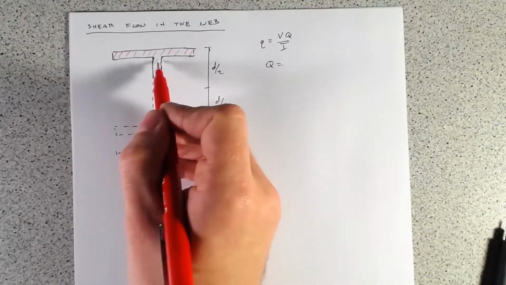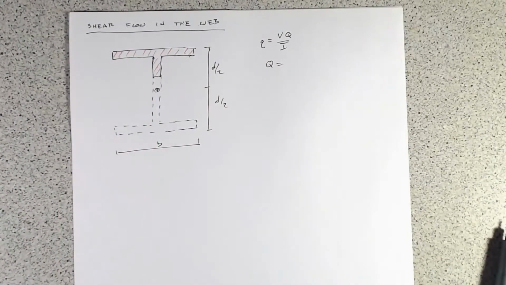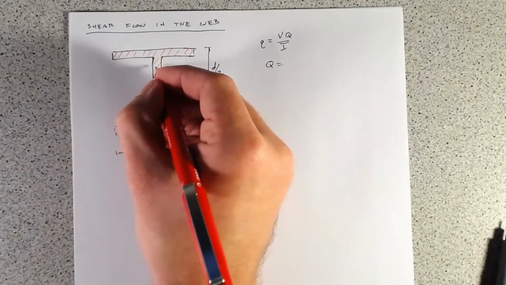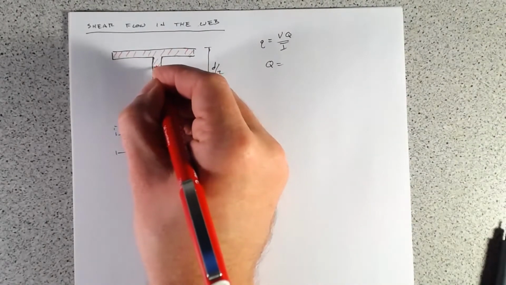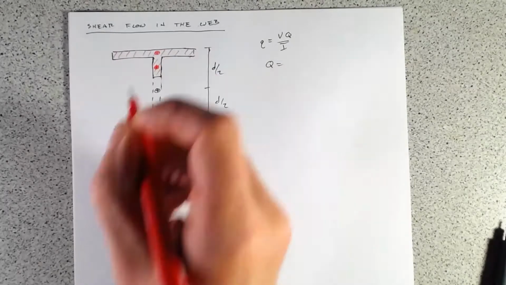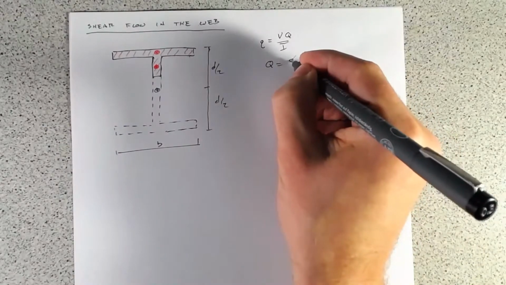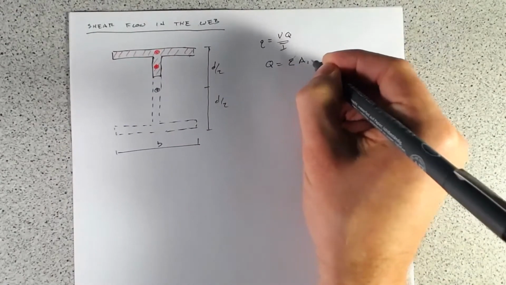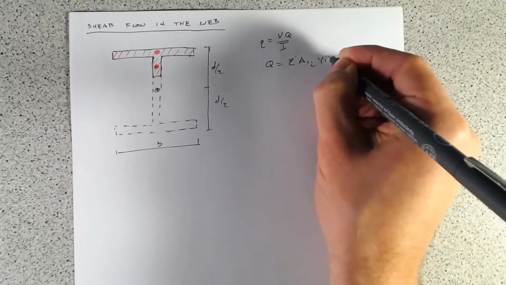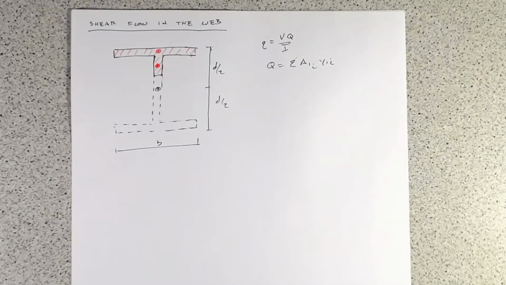So remember, it's going to be A1 times Y1. Or as sort of a shortcut, if we've got these compound sections, we can think of it as really the sum of these two areas. So sum of A1i, Y1i. So just the exact same way that we worked out the shear stress in the web of an I section using tau equals VQ over It.